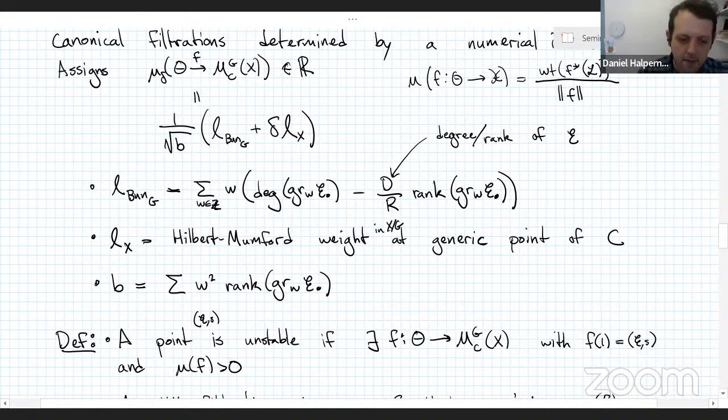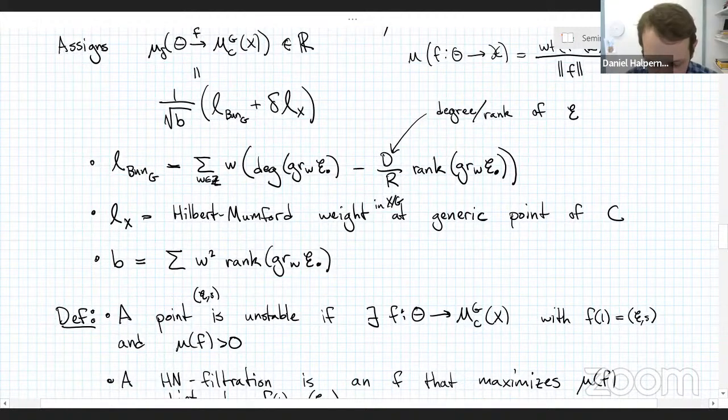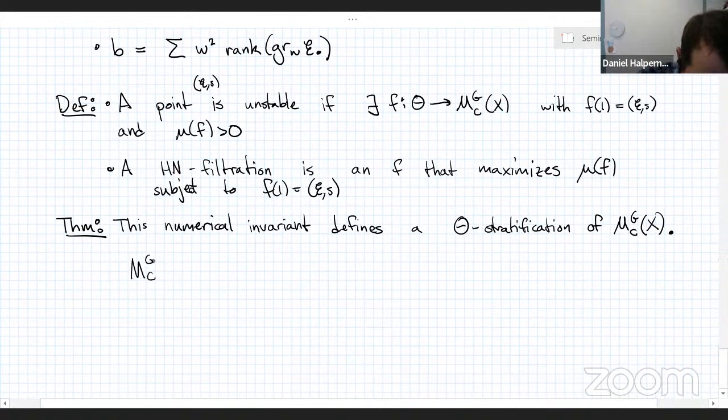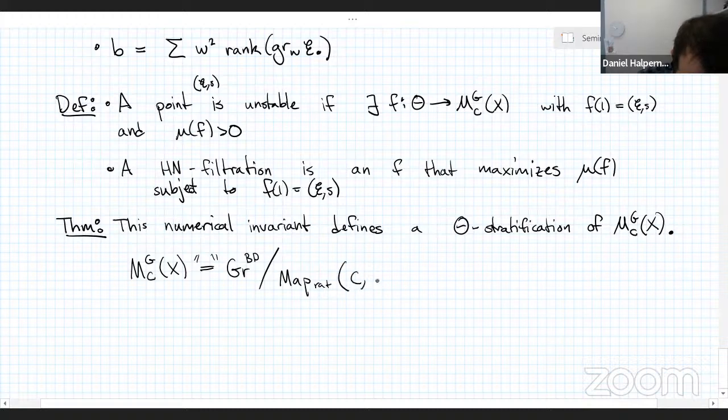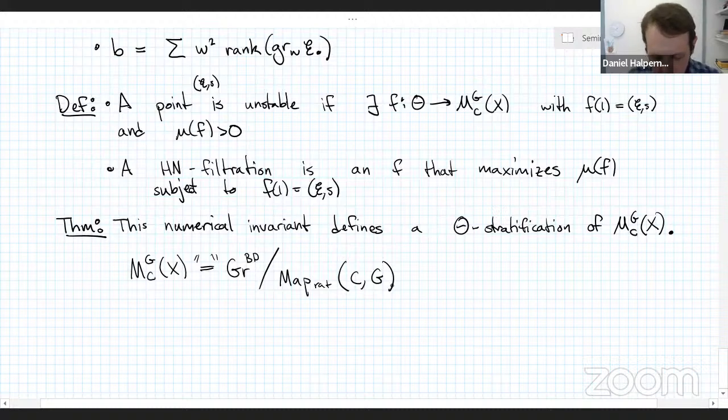So there's a sense in which you can think of the stack as a quotient of some analog of the Beilinson-Drinfeld Grassmannian, like a big affine Grassmannian, by the group of rational maps from the curve C to the group G. There's a precise way in which you can make an analogy: Map C to G of X kind of looks like the Beilinson-Drinfeld Grassmannian modulo the group of rational maps from C to G. And so basically one of the guides here is that the line bundle that you're using to define semistability should be positive on this.